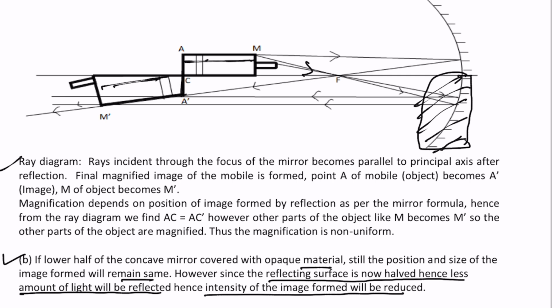So the image will definitely form here, correct? Each point will have its image here. So you can see the mobile phone, but since part of the light is not there, the intensity will be less. That's all.